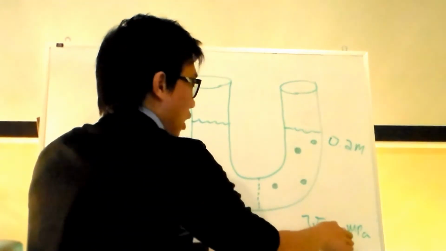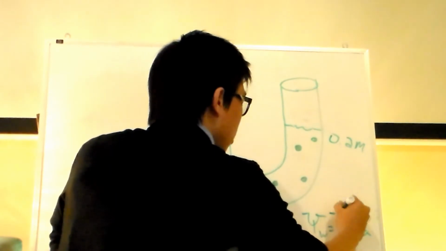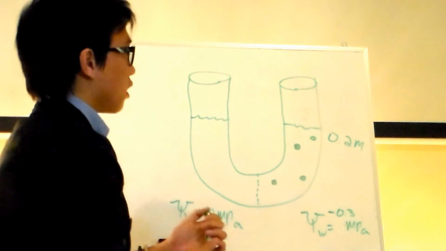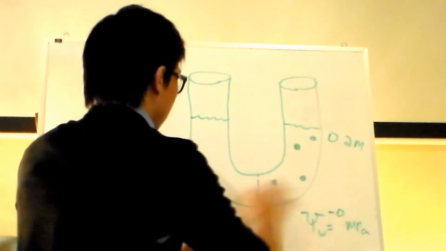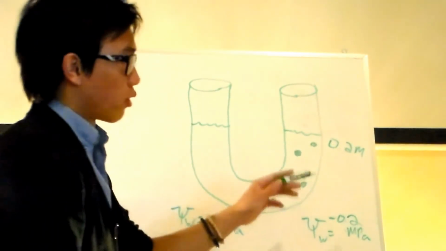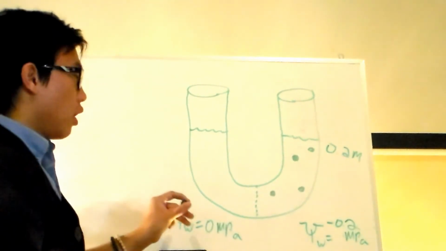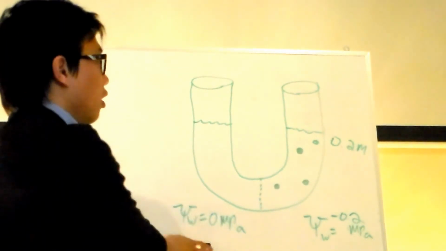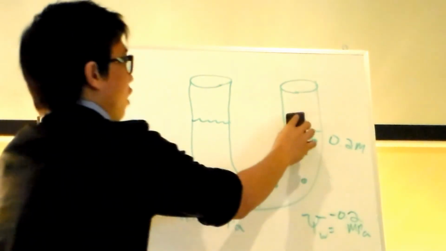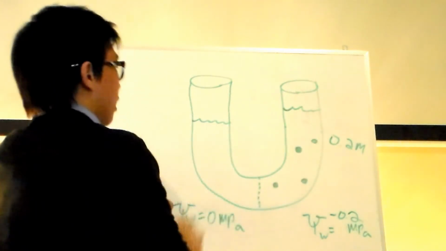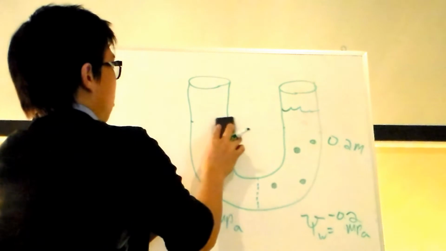As a simple example, the solute potential is negative 0.2. This will cause the water potential here to be negative 0.2, while the water potential on the left side is still 0. Since water flows from the higher potential to the lower potential, water will flow in the right direction, and therefore water will increase on the right side and decrease on the left side.